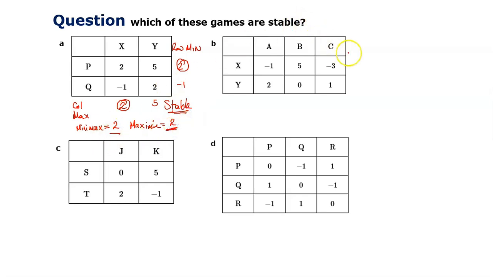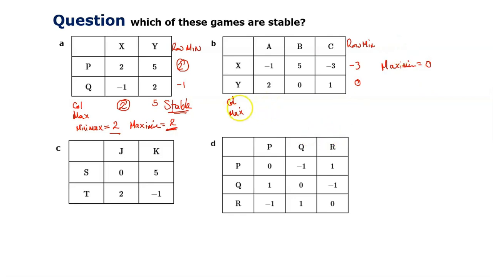Let's do B. So again, I'll do a row min over here, and I'll do a col max over here. So the minimum of my row here is -3. The minimum of my row here is 0, and I can quite easily see then that my maxi min, best of my minimums, is 0.